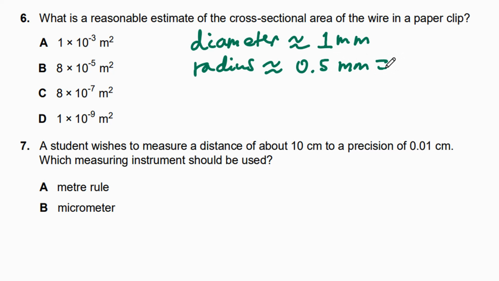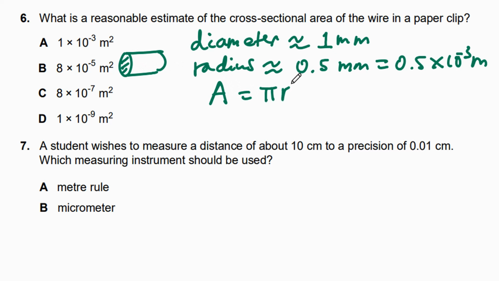And this of course is 0.5 times 10 to the negative 3 meters. Now, to get the cross-sectional area, we need to find the area of the circle. And we know the area of a circle is pi r squared. So it's going to be pi times the radius squared.